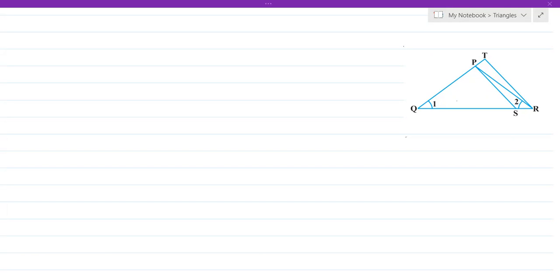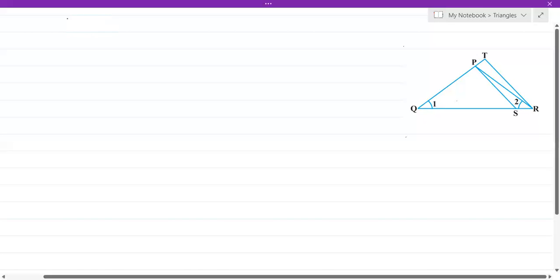Now, in the fourth question, it is given that QR by QS is equal to QT by PR, and angle 1 is equal to angle 2. We have to show that triangle PQS is similar to triangle TQR. So I have taken the figure. So given things are, what are the things that they have given?